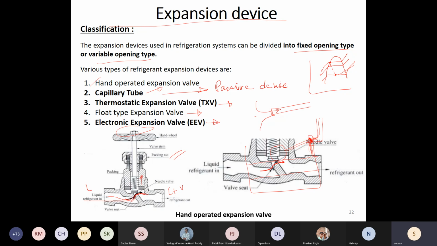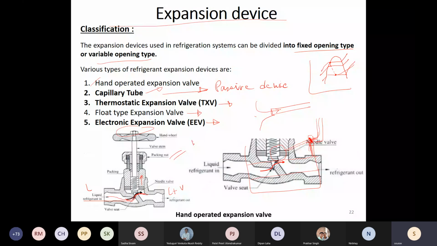But when it comes to the expansion device, after passing through the condenser, if your orifice is too small, or too big for that particular operating condition, then you will have a mismatch with the compressor.